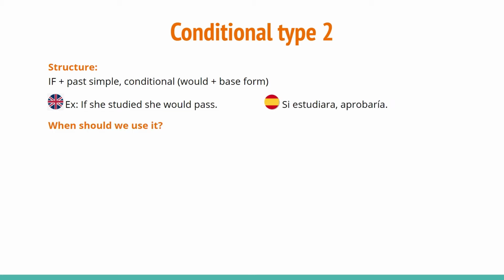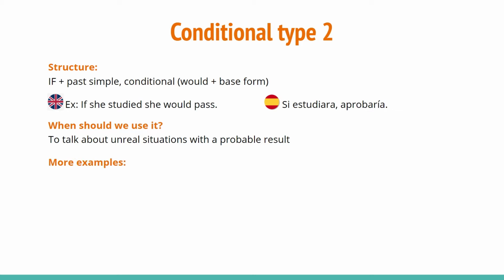When should we use the second conditional? Every time we want to talk about unreal situations with a probable result. So the difference between conditional type 2 and conditional type 1 is that conditional type 1 is for real situations, while conditional type 2 is for unreal situations.